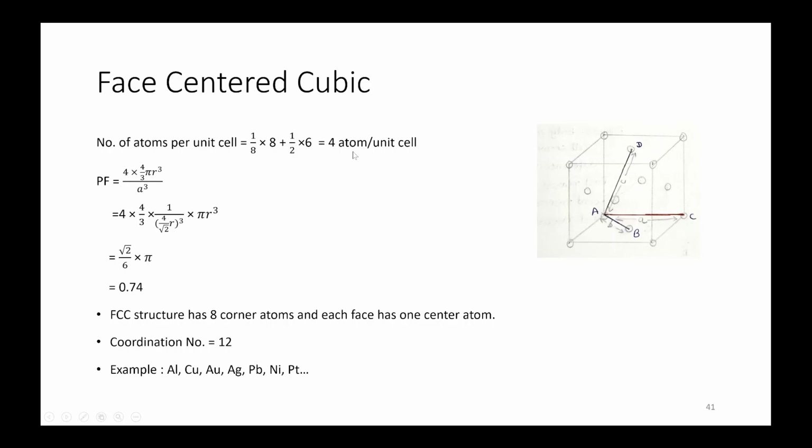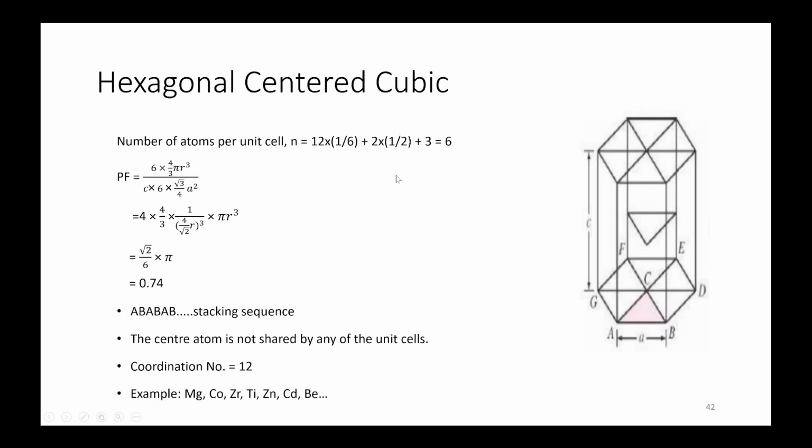So 4 atoms, and the relation will be a equal to 4/√2 R, and the packing fraction will be 0.74. Now coordination number is 12, and examples are aluminium, copper, gold, silver, lead, nickel and platinum. These all are very ductile in nature, as are all FCC materials.